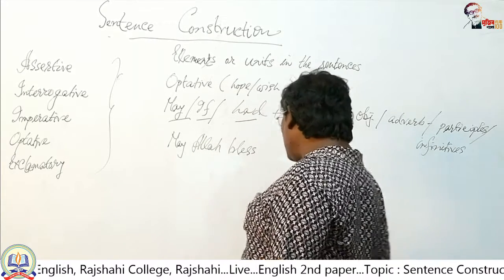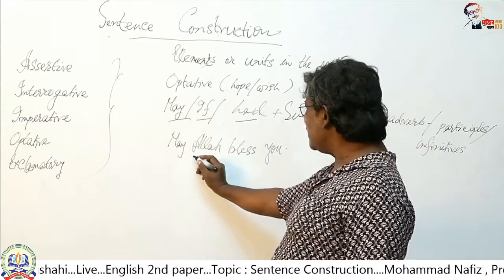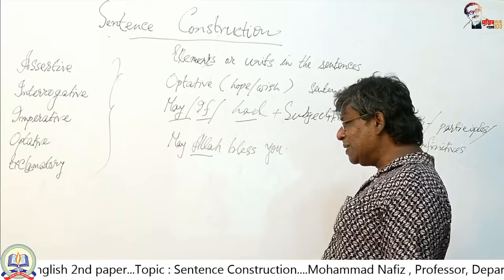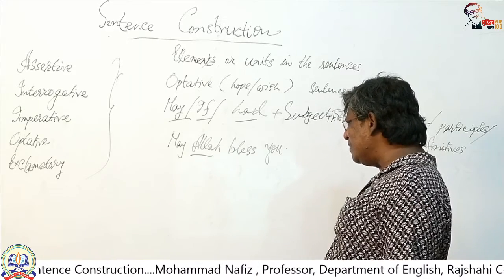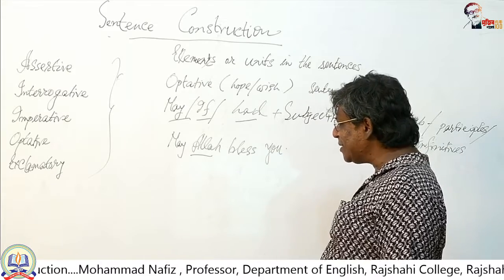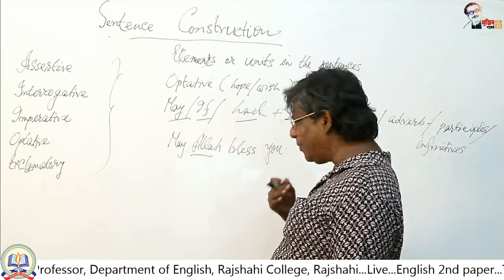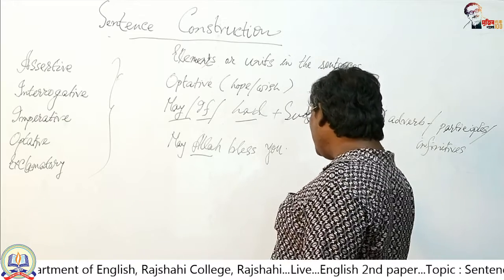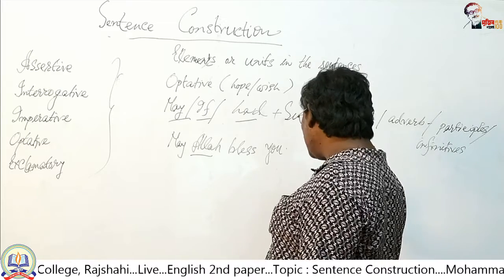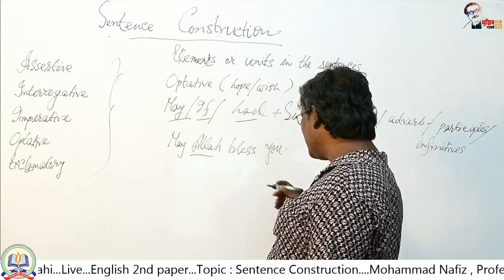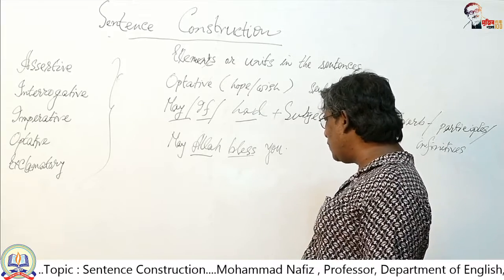Look, in an assertive sentence, since the subject is a third person singular word, we would use bless with an additional s or es if it was written in the present indefinite form, or if the verb was in the past indefinite form, we would use the past form of the verb bless.